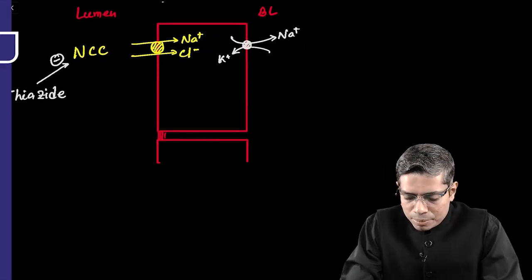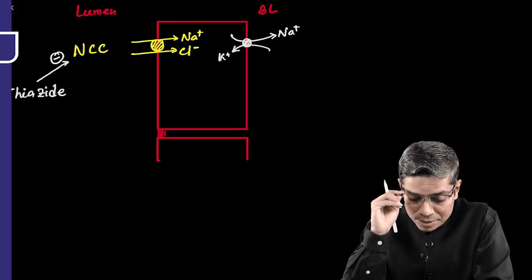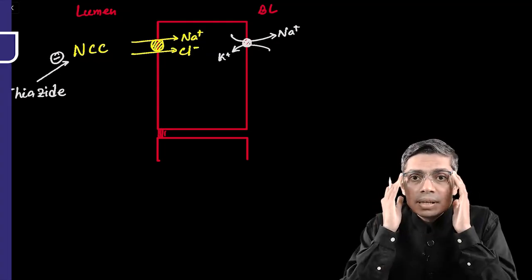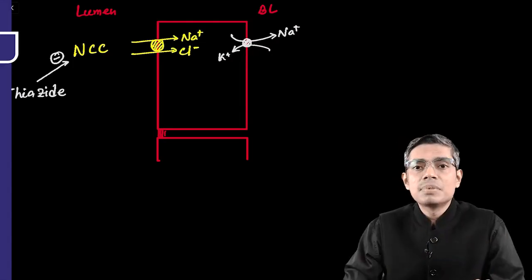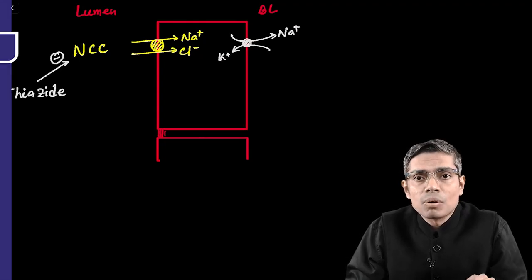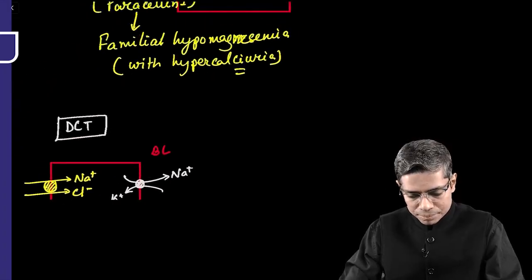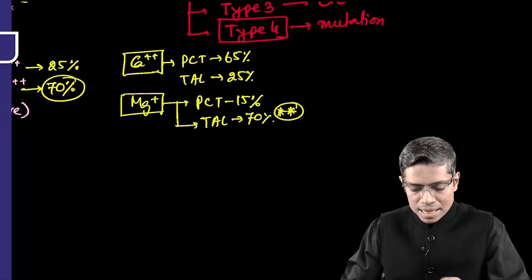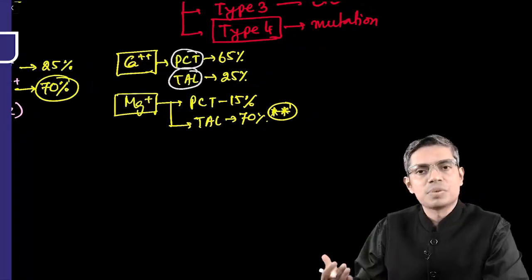Now, apart from sodium reabsorption at the level of DCT, this segment is very, very important because calcium reabsorption occurs here, and this is the only part of the nephron where calcium reabsorption is active. What am I saying? Previously I told you calcium reabsorption occurs at the level of PCT and TAL, a huge percentage.